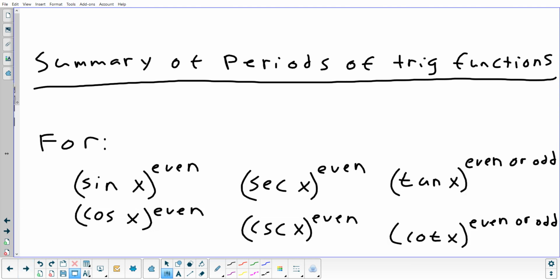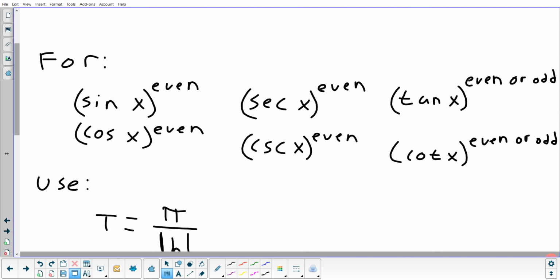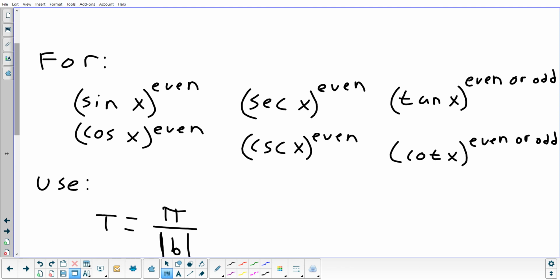So if you have any of these cases, sine, cosine, secant, or cosecant raised to an even power, any even power, or you have a tangent or cotangent, period, tangent or cotangent to any power, the formula that you always use to calculate the period is pi over b.